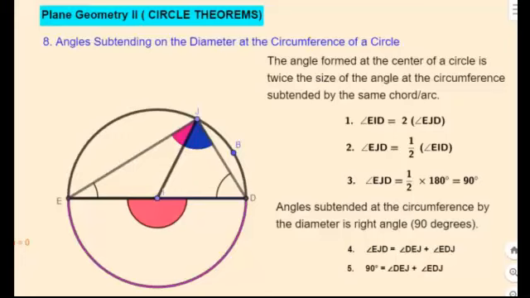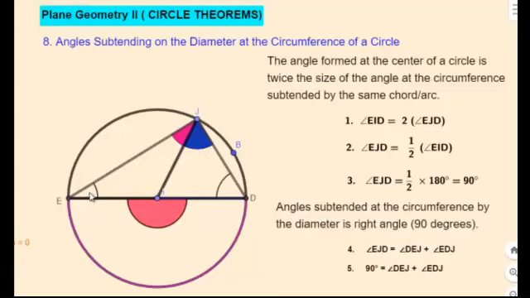This means that when we know angle JED and we know angle JDE, when we add them, it should give us the angle at the circumference. And even with this, there is no need to add because you already know that the angle at the circumference is 90 degrees.